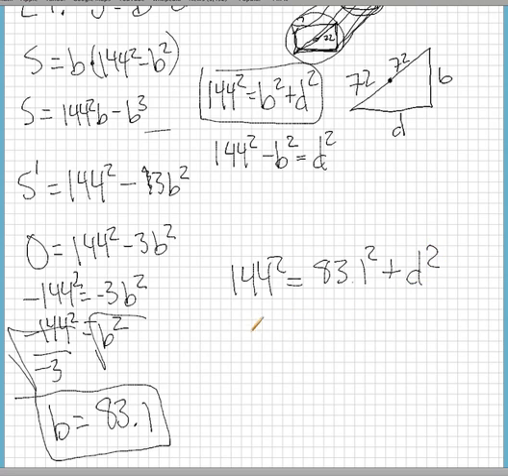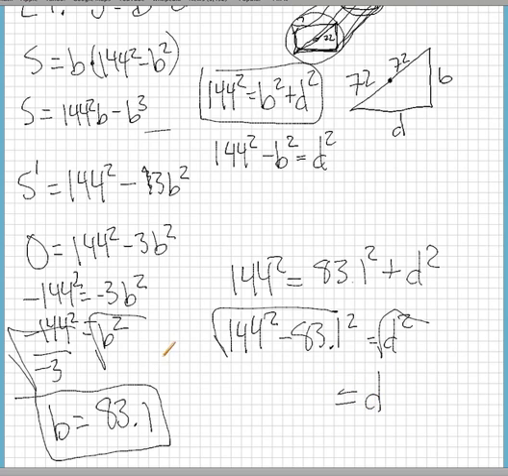And then if we just use our calculators, 0.1 squared equals d squared, and take the square root of both sides, d is going to equal 117.6. And these are in centimeters. The whole problem's in centimeters.